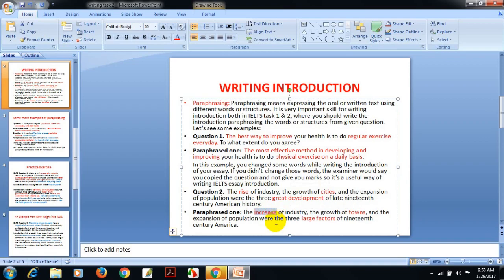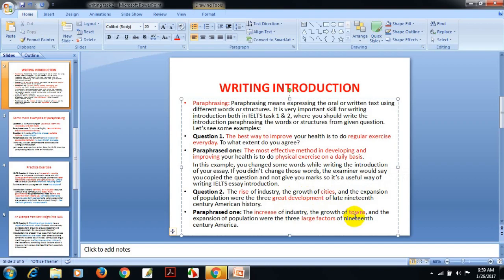You don't have to copy, you have to change a little. Similar words: the increase of industry, the growth of towns. At least you change cities into towns.